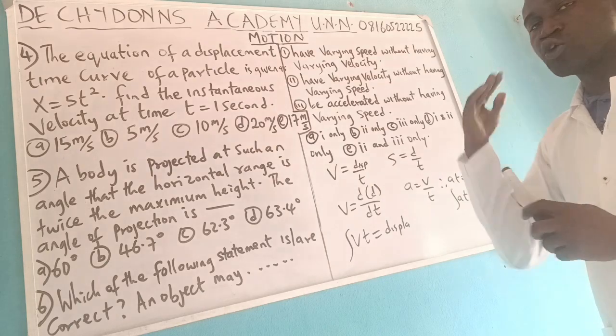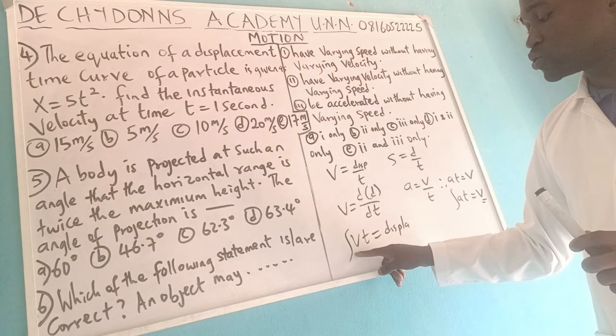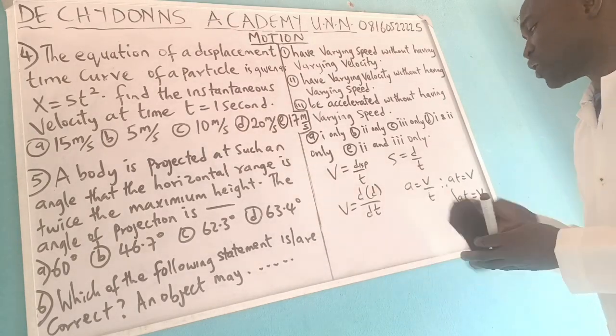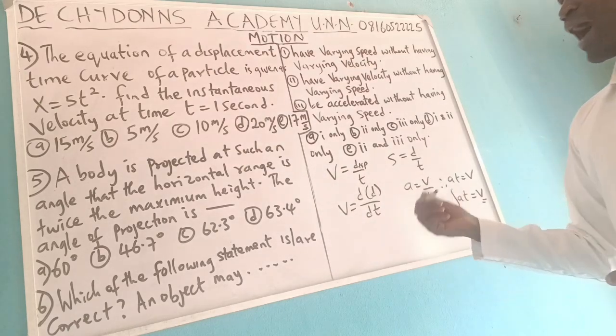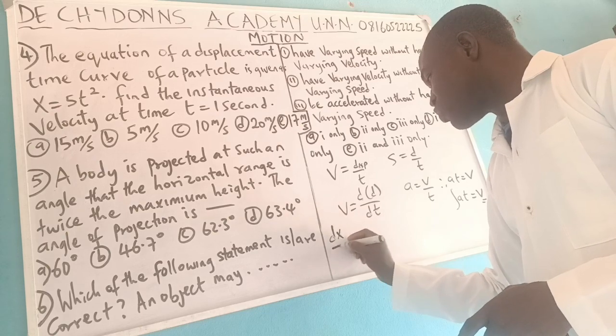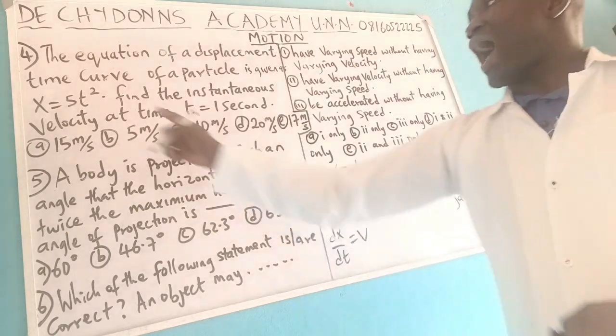Yes, when to use differentiation, and when to use integration. Now, coming to this question, I'm to differentiate displacement with respect to time. I will say dx over dt equals velocity. How do we differentiate?